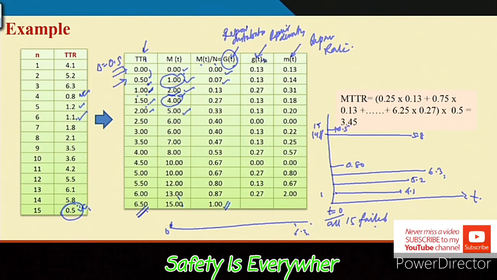What will be the g(t) values? The g(t) values will be this minus this, small g(t). What we found out is M(t plus delta) minus M(t), divided by delta into N, or we have found out G(t plus delta) minus G(t) by delta.